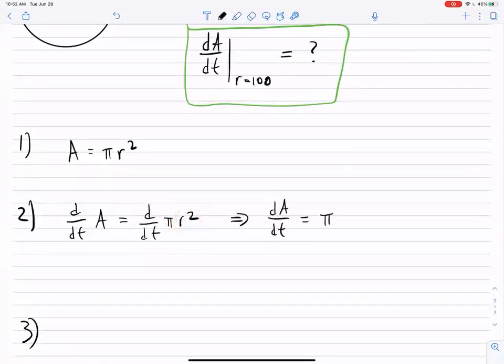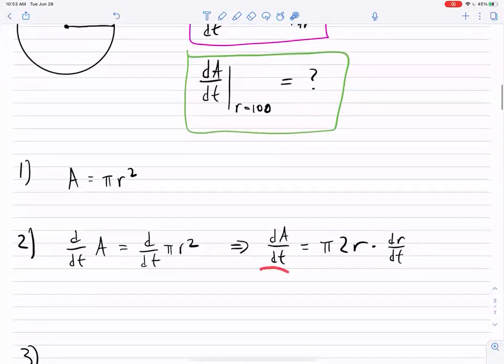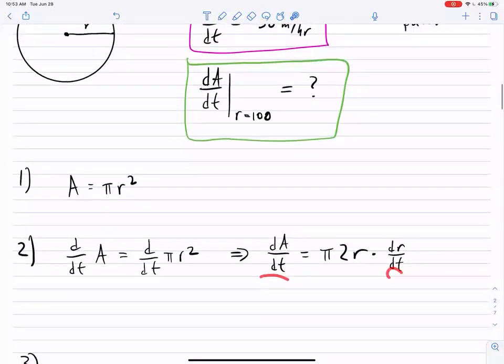What is the derivative of that with respect to r? Well, it's just 2r. And then we need to multiply, because we're taking the derivative with respect to t, we have to multiply by dr/dt. And so this is now our new equation that relates the rates, hence related rates.